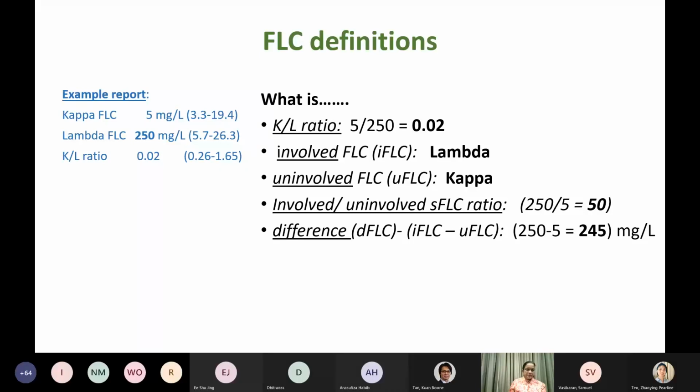In this example, as you can see, the kappa free light chain concentration is 5 milligram per liter, and lambda free light chain concentration is 250 milligram per liter. That gives you the kappa lambda ratio of 0.02, which is easy to calculate because it's just kappa concentration divided by lambda concentration.